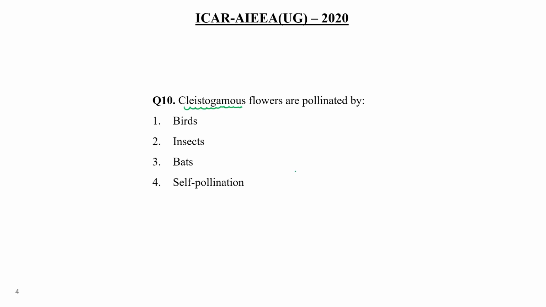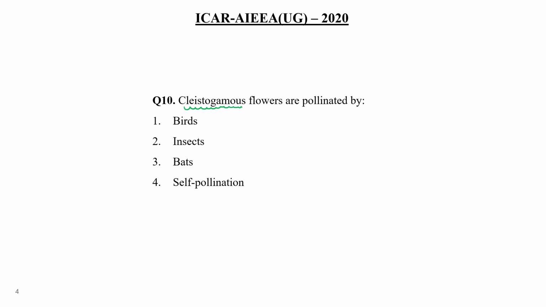Okay. So cleistogamous flowers are a type of flower whose both parts, male reproductive part and female reproductive part, are covered. So they don't need any kind of agent, right? So only with the help of self pollination they can reproduce themselves.